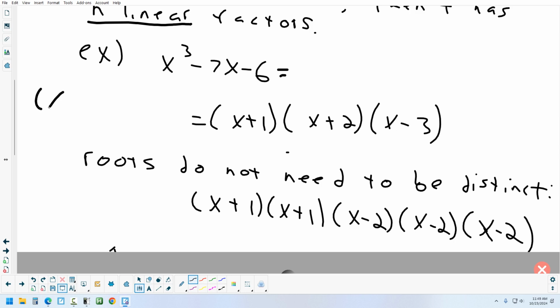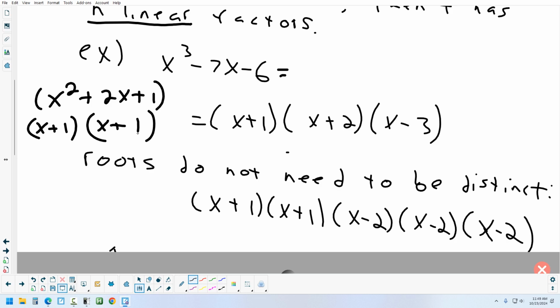Like if you were to do this problem, that's going to factor into 2 things that are the same. That still counts as 2 factors: 1, 2, they're just the same. So when you write down your answer, there's only one number that you can plug in here. This problem would be -1. This problem would be -1 and what other number? 2.